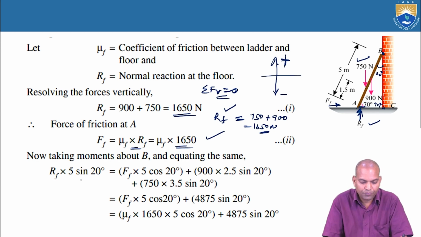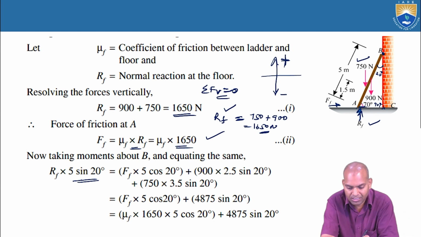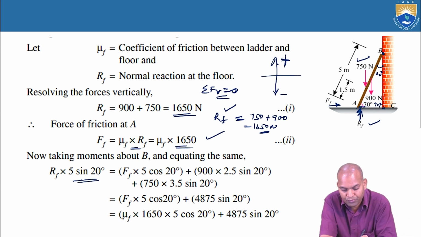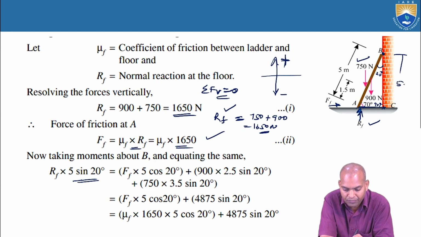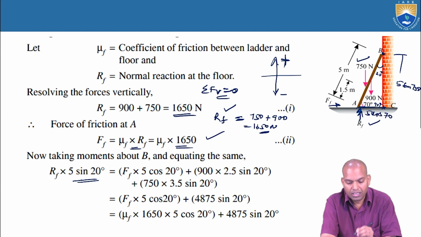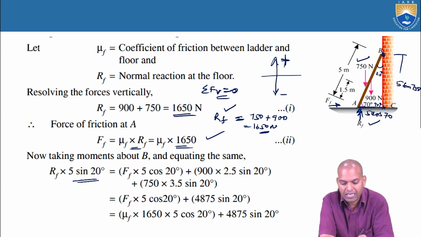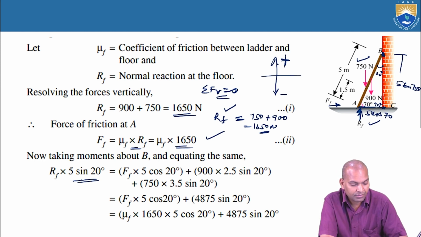So RF into 5 sin 20, or 5 cos 70 also. If you consider the vertical, BC becomes 5 times sin 70. This is 5 cos 70. Or if you consider from the point of view of the angle at B, it becomes 5 sin 70.